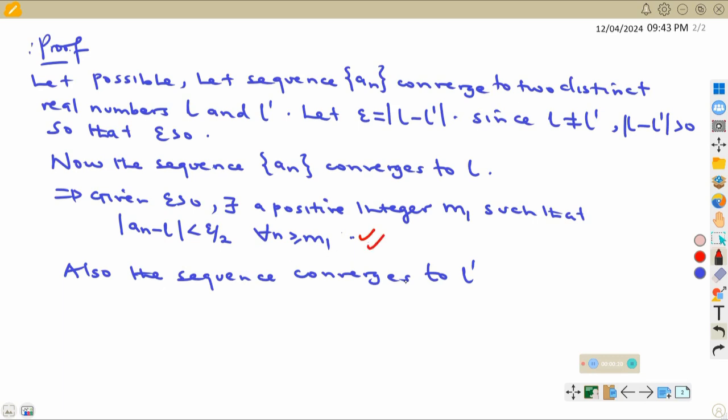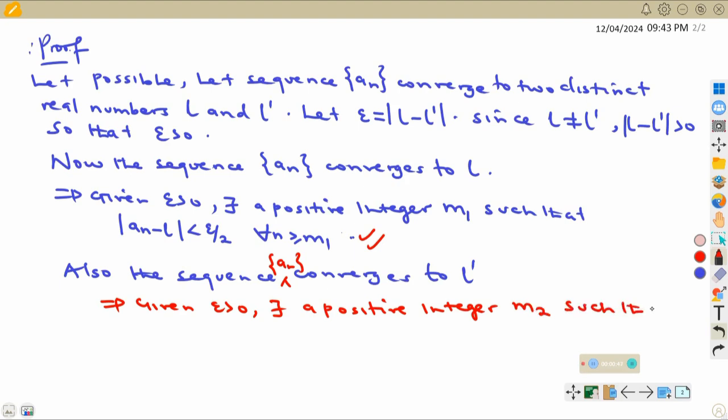And also if the sequence an converges to L dash, it also implies that for a given epsilon greater than 0, there exists a positive integer, say m2, such that when you get an minus L prime, this will be less than epsilon over 2.